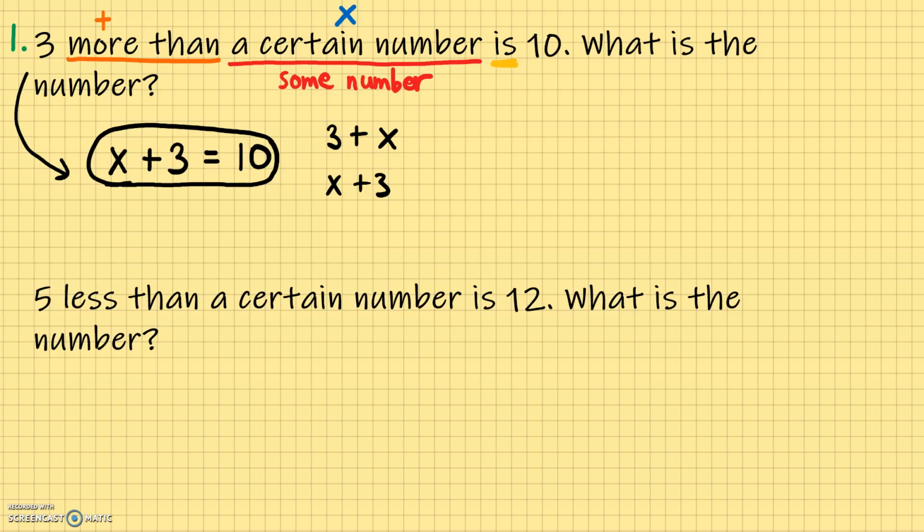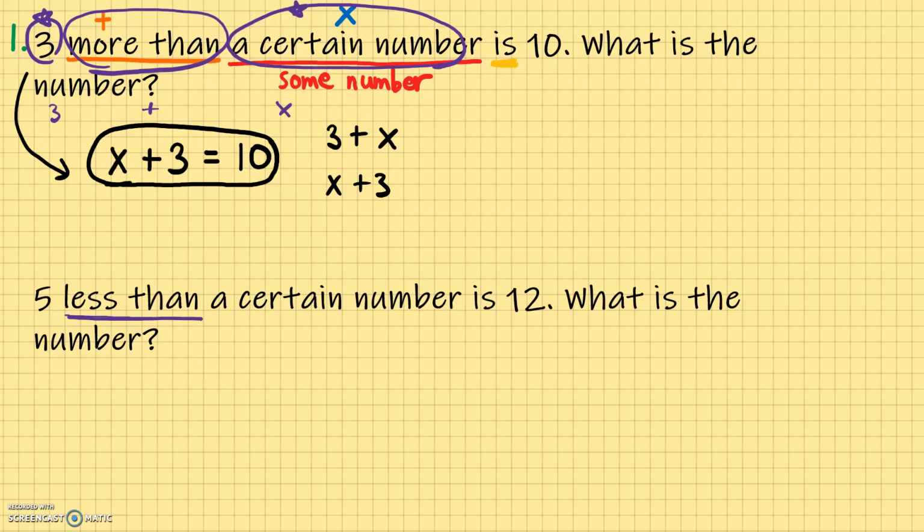In the word problem, we have the 3, and then we have more than for the plus, and then we have a certain number. So you would think that this would mean 3 plus x. But whenever you see more than or less than, this kind of switches the number and the letter.